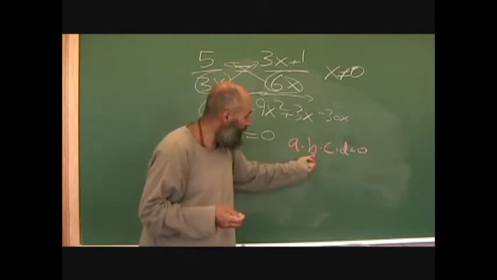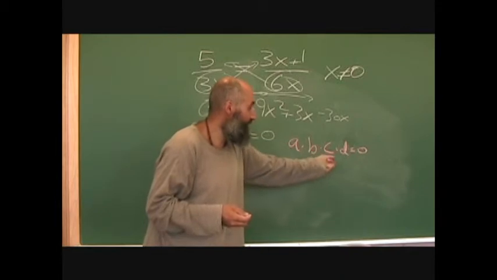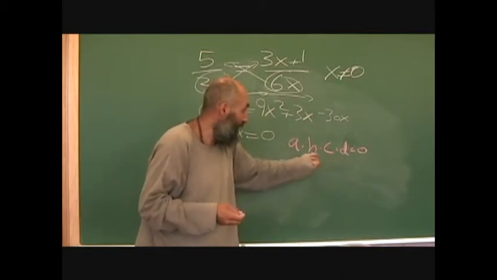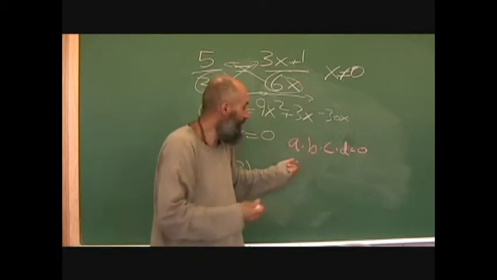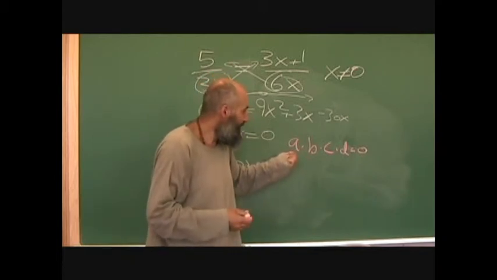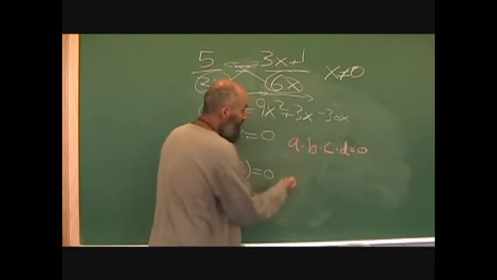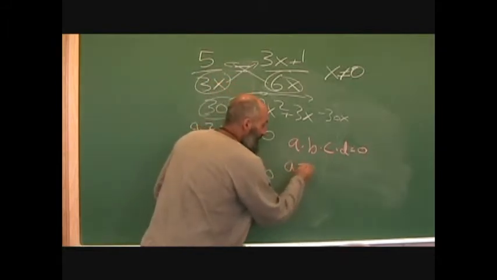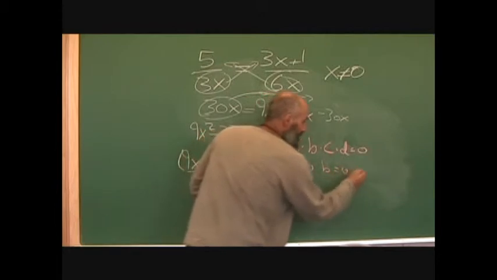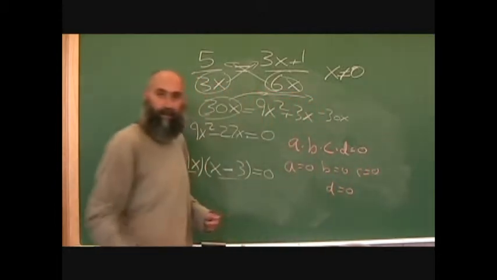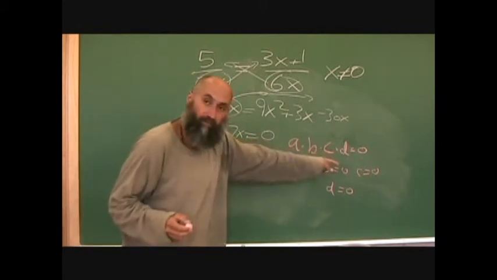Now, we don't know if it's A, B, C, or D that's equal to 0, or a combination of them, or all of them, right? So what we do is we set each term equal to 0. If we get an equation like this, we go A is equal to 0, B is equal to 0, C is equal to 0, and D is equal to 0. And that's how we solve these types of equations.